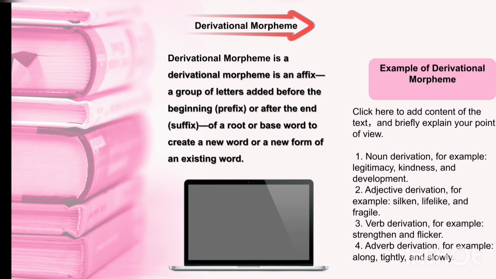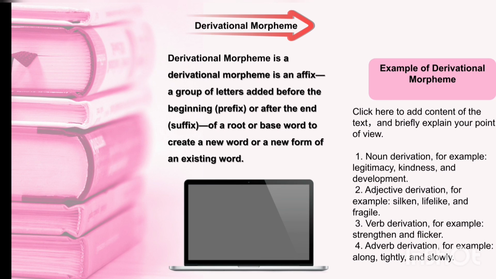B. Examples of derivational morpheme. Various examples of derivational morphemes in part of speech are as follows. 1. Noun derivational, for example, legitimacy, kindness, and development. 2. Adjective derivational, for example, silken, lifelike, and fragile. 3.